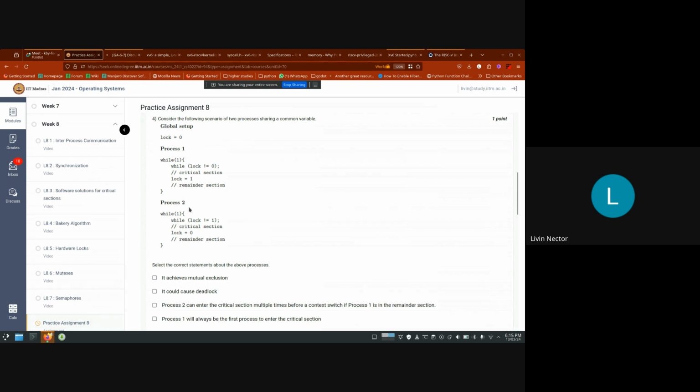Yeah, yeah. So okay. You have this lock variable, right? There are two processes. This is the code from process one, and this is the code from process two. And you have four sections actually. We call this the entry section. This is the critical section. This is the exit section, and this is the remainder section.